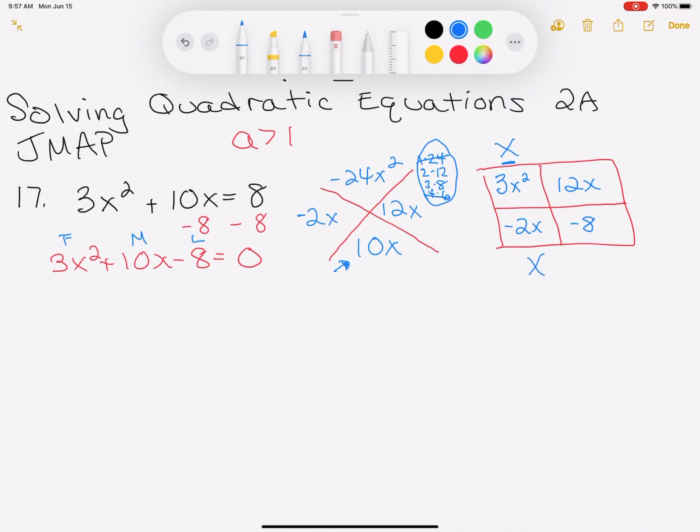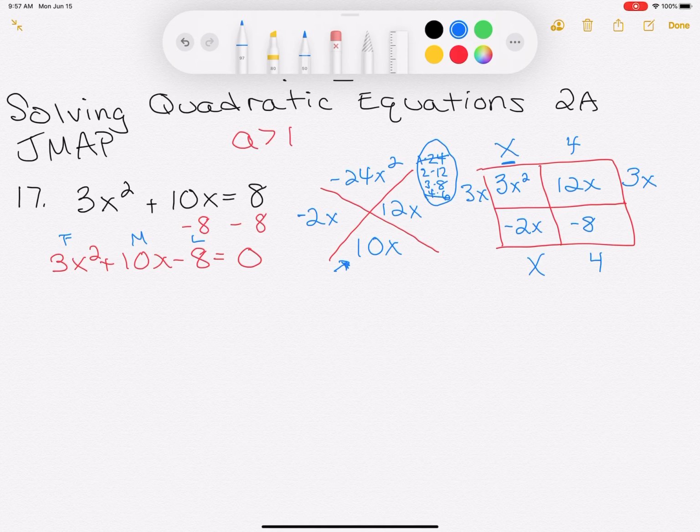So I have now that corner being an x, this has to be a 3x, so that when I multiply 3x times an x, I get 3x squared back. This has to be a 4, because you pull a 3x out of a 12x and you get 4.